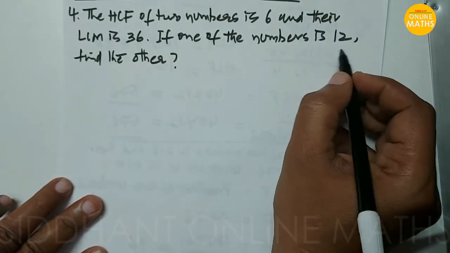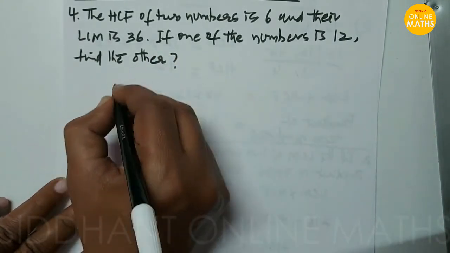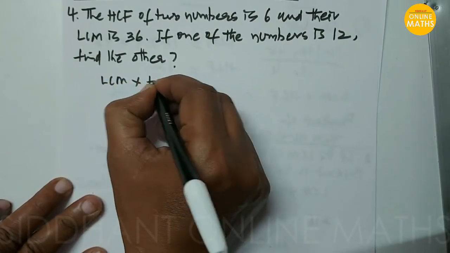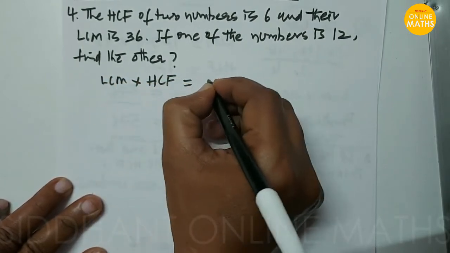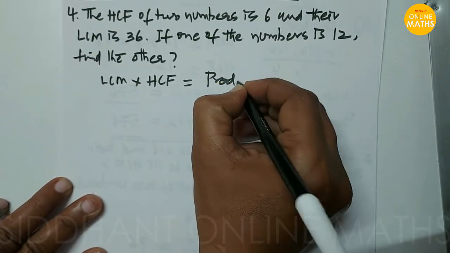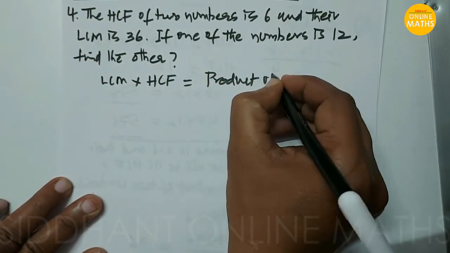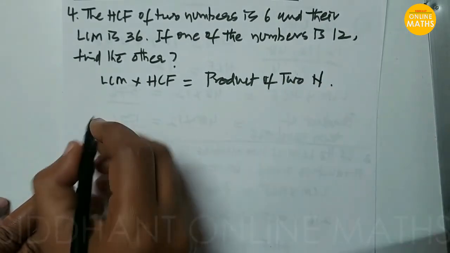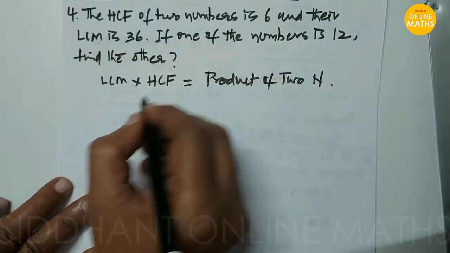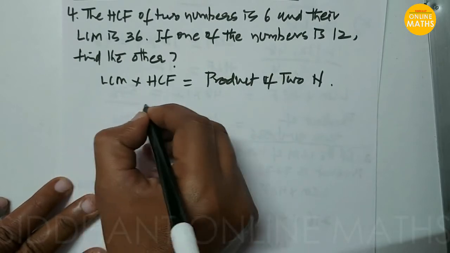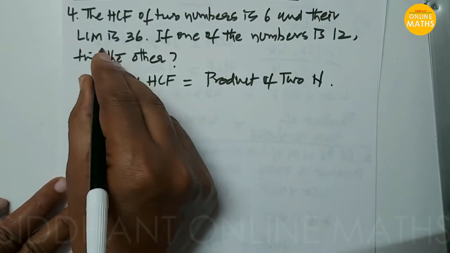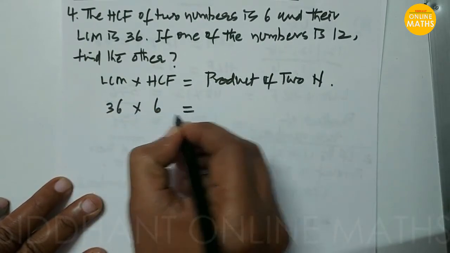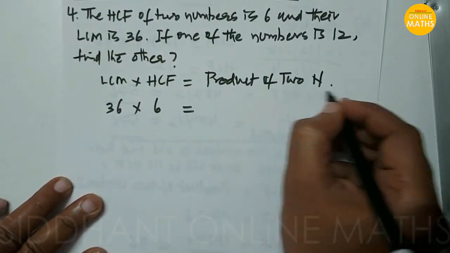Fourth question. The HCF of two numbers is 6 and their LCM is 36. If one of the numbers is 12, find the other. We know the relationship: LCM into HCF is the product of two numbers.